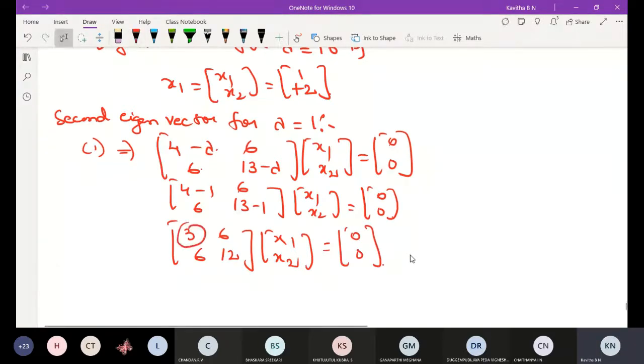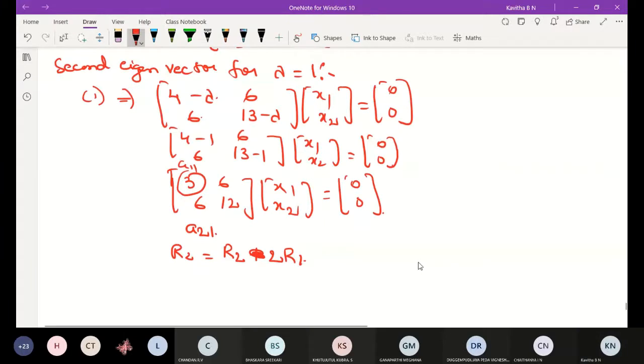Okay, using this element 3, using the A11, we have to make A21 is 0. Do the operation here: R2 is equal to R2 minus 2 R1.